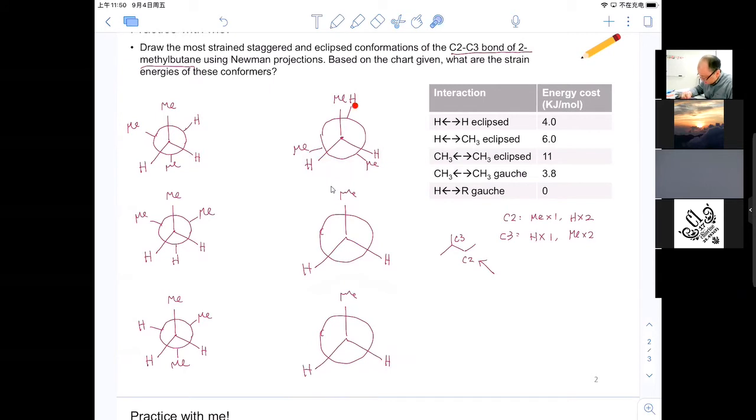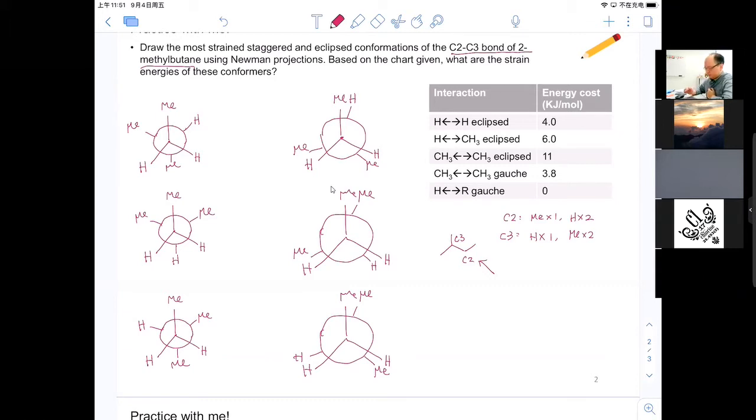So we can rotate the hydrogens to here. Now the hydrogen is eclipsing with this hydrogen and methyl here, and then the same, another 120 degrees, and then this hydrogen and this methyl. Now we have all 6 staggered and eclipsed conformations drawn on this whiteboard.